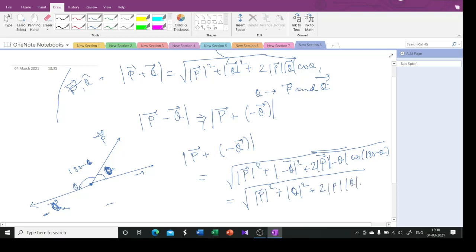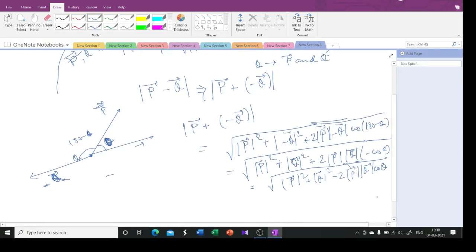And cos of 180 minus theta is minus cos theta. So basically that becomes mod of P square plus mod of Q square minus 2 of mod of P mod of Q cos theta. That is how we compute mod of P minus Q.